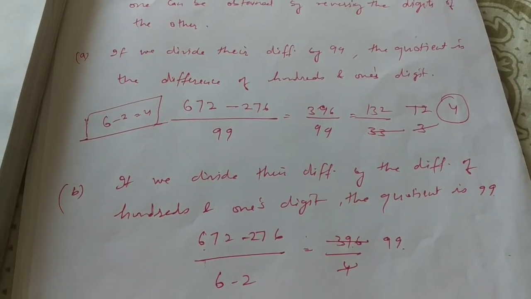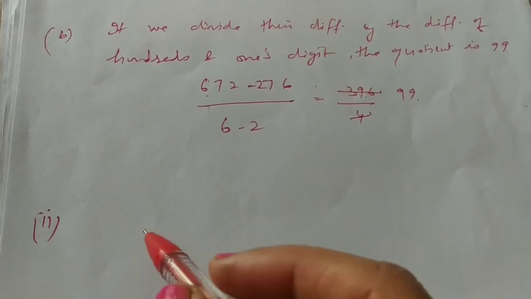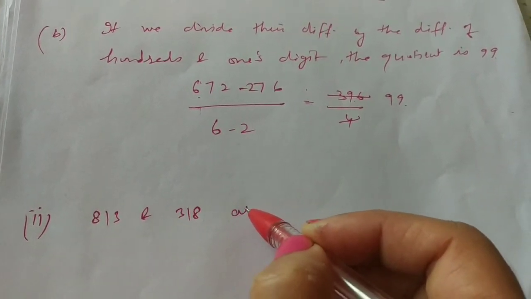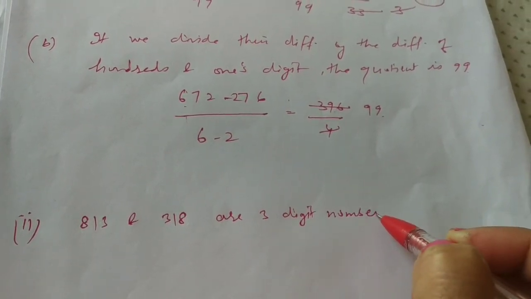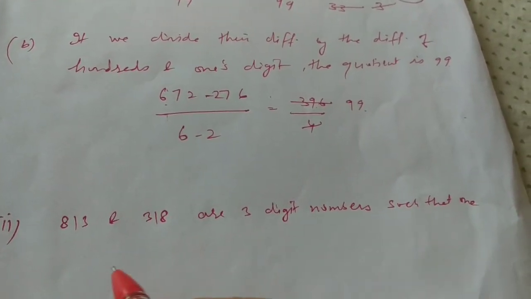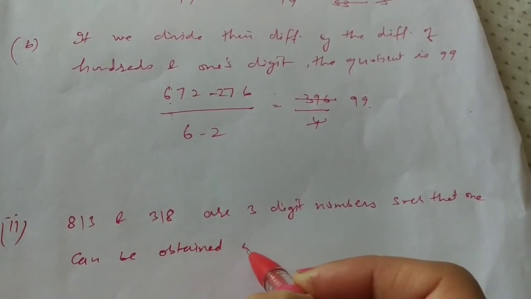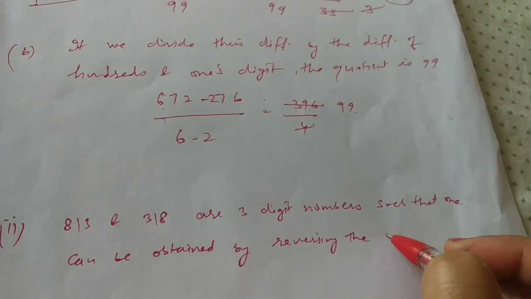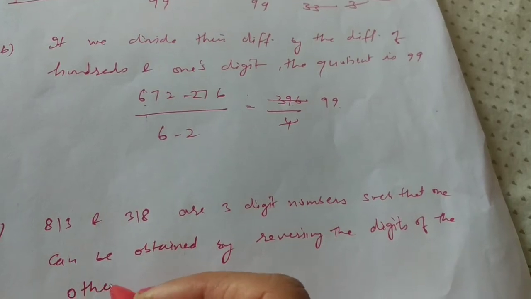Now come to the second part. So in the second part, 813 and 318 are 3-digit numbers such that one can be obtained by reversing the digits of the other.